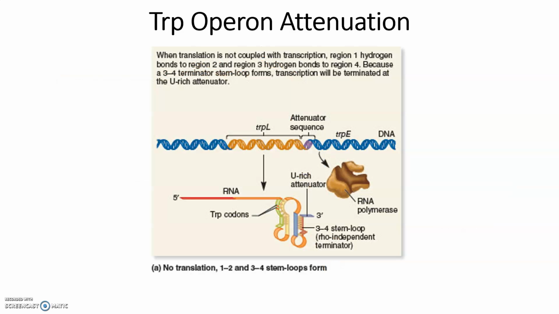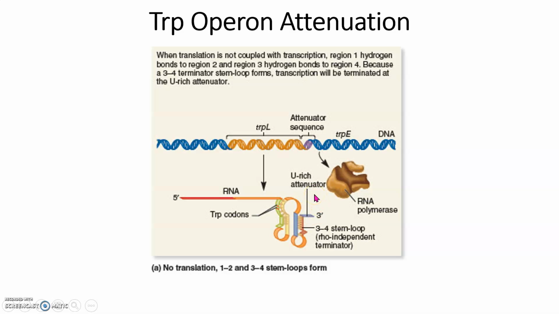Now, we have started to transcribe, but here, for some reason, our translation is not coupled with our transcription. Okay, so when that occurs, 1 and 2 bind, 3 and 4 bind. By this binding happening, we have this rho-independent termination. So we have this hairpin structure and this U-rich region.